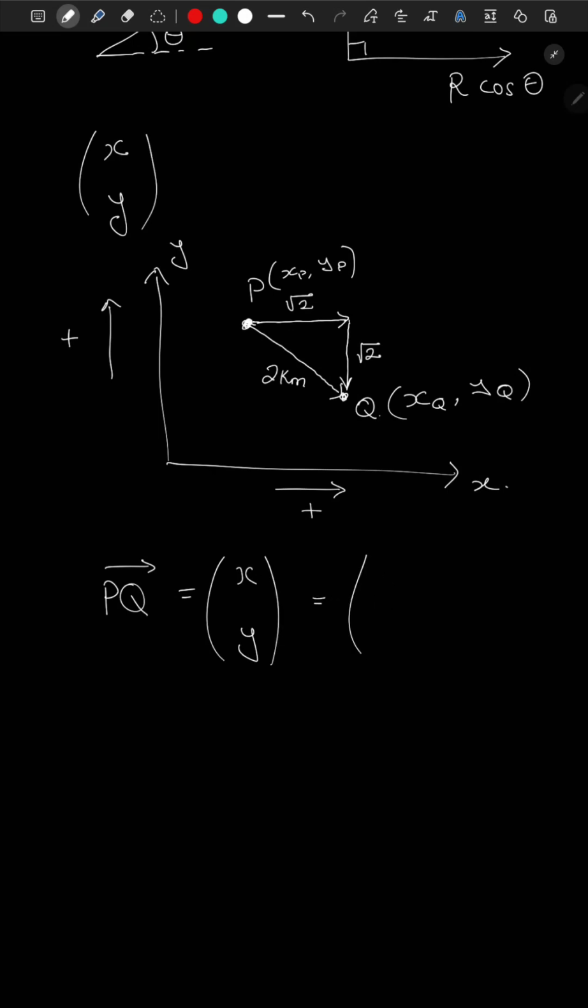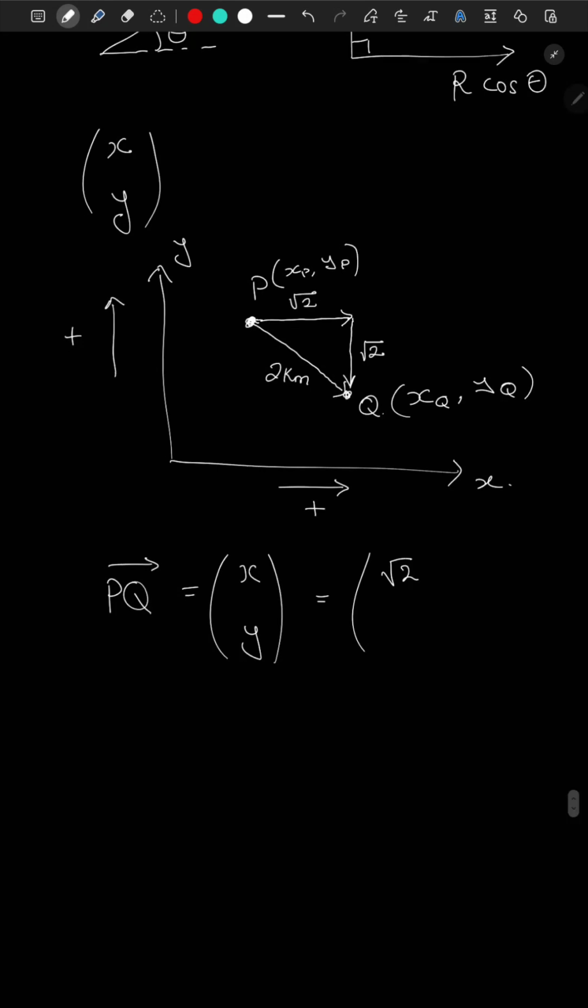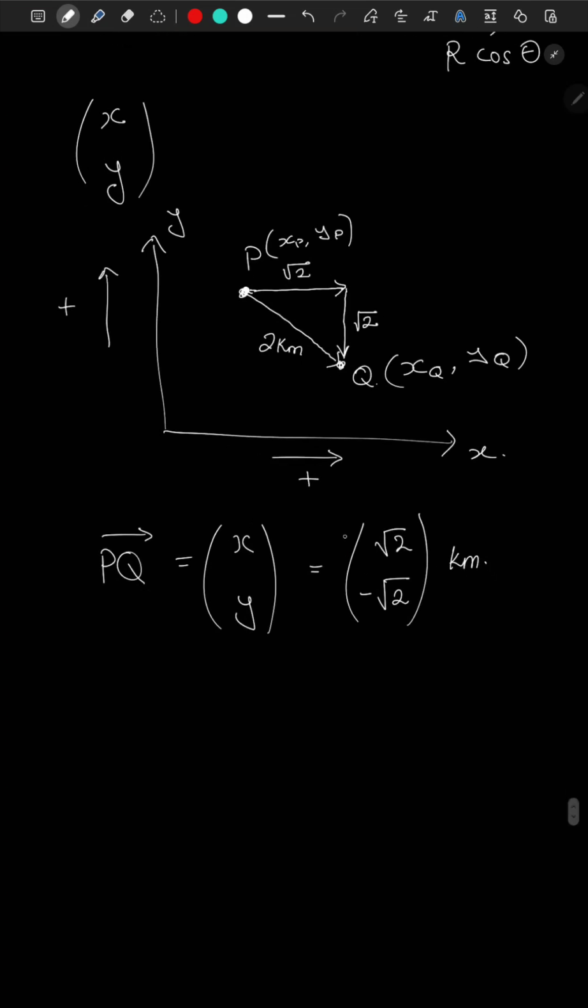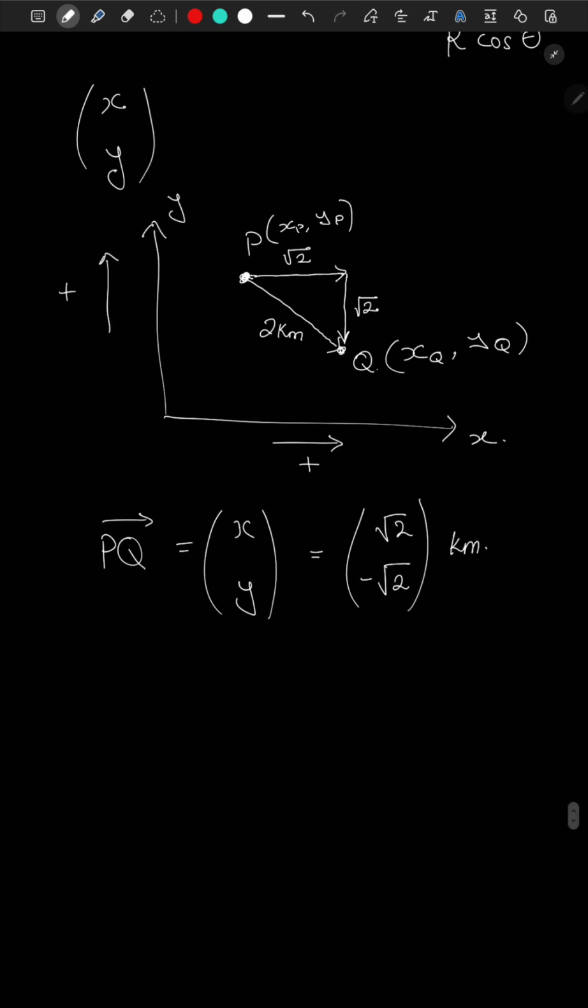How much it goes in the x direction is root of 2, and how much it goes in the y direction is negative root of 2, in kilometers. So the boat has traveled root of 2 kilometers east and root of 2 kilometers towards the south, in the opposite direction of y, that is why we have to put a negative sign over here.